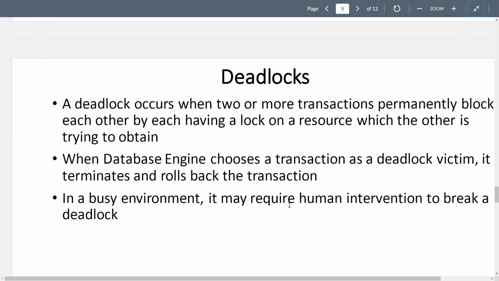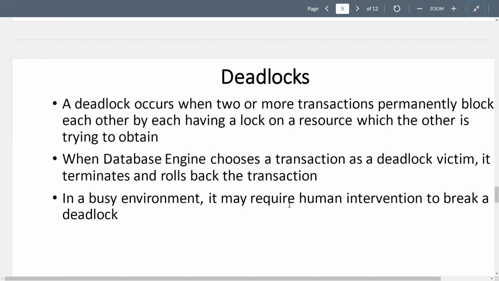And usually a deadlock is resolved by the database management system. We don't need to worry about resolving or breaking up a deadlock. The database management system will take care of that.